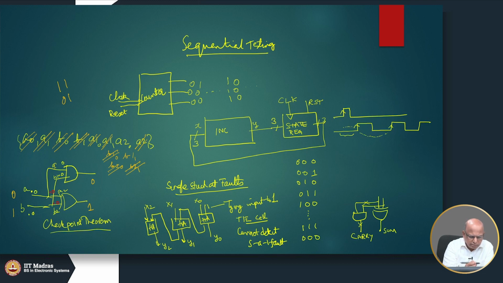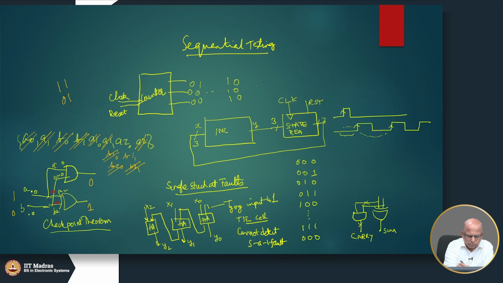Now, we try 1 0, that will cause the same output. A2 stuck at 0 will get caught, because A2 is here. Currently, it is producing a 1 here. If A2 gets stuck at 0, 0 and 0 will produce a 0.